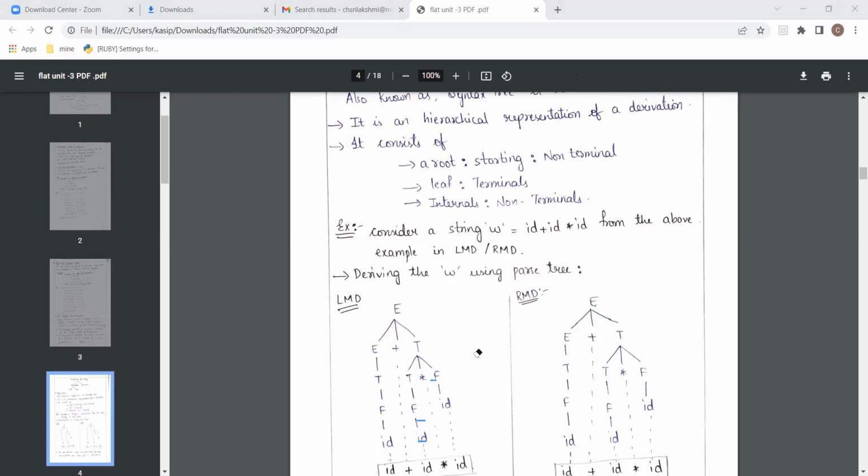The same example I am taking here for the parse tree also. See here.